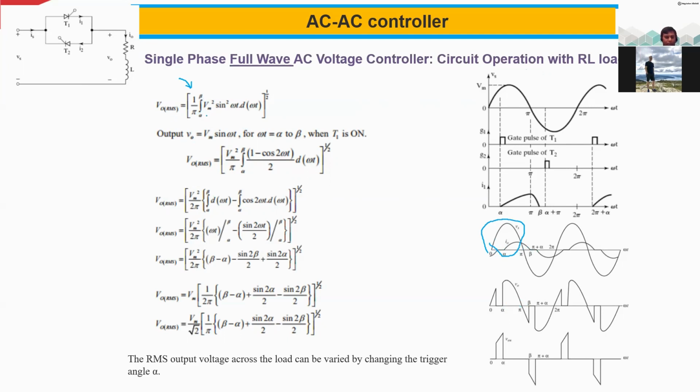That is why the limit is alpha to beta. The input voltage is Vm sin omega t. I am squaring it because it's a root mean square, and the whole power 1 divided by 2 means square root. If you apply this and simplify, this is the final formula.